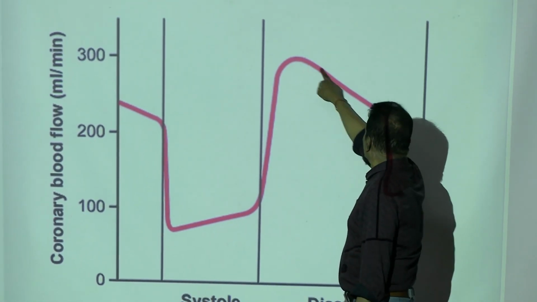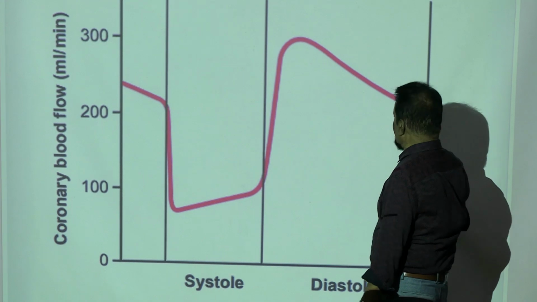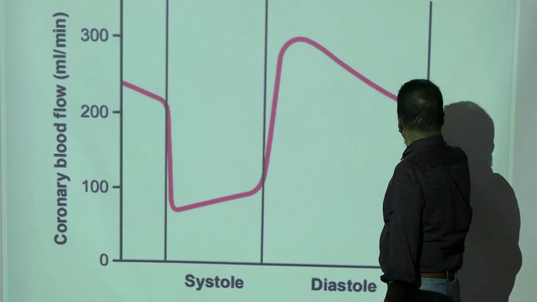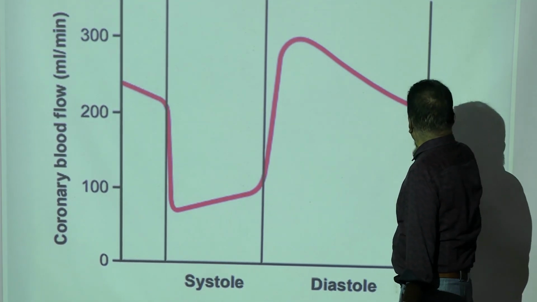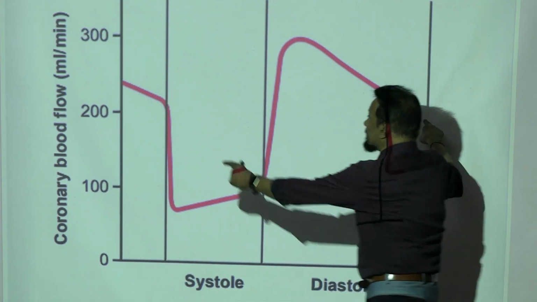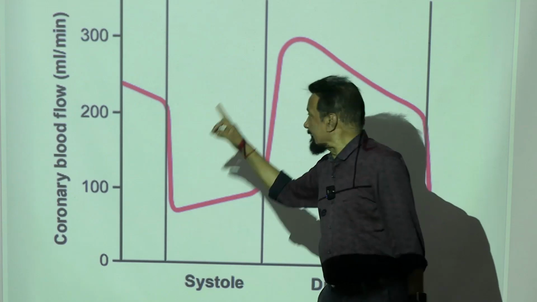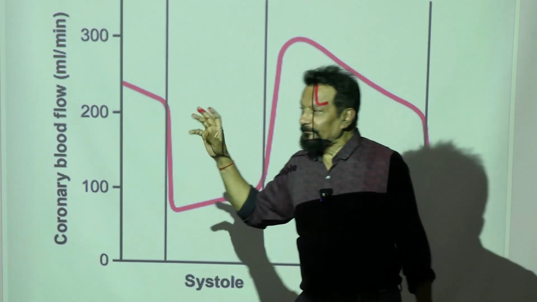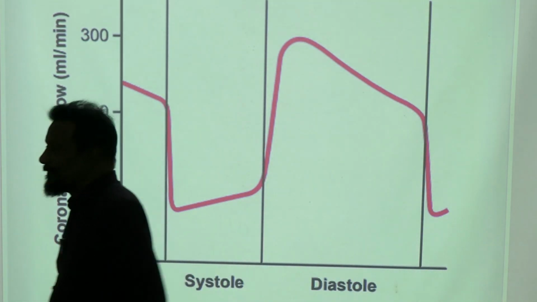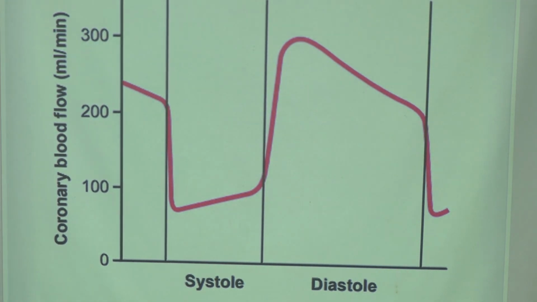At the end of diastole, again 225, and the cycle continues. This is called phasic blood flow, and these are the reasons for phasic blood flow of coronary circulation.